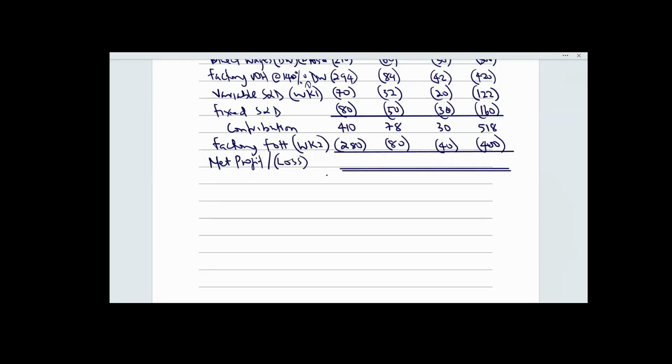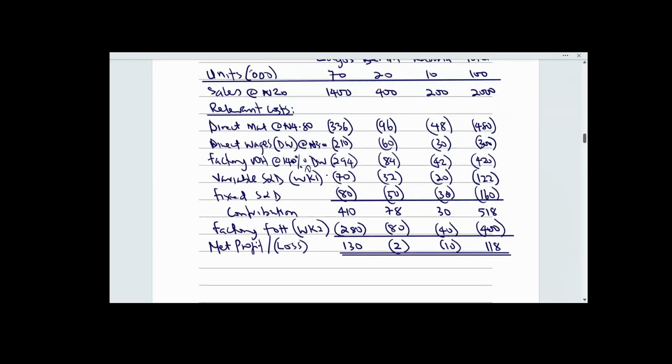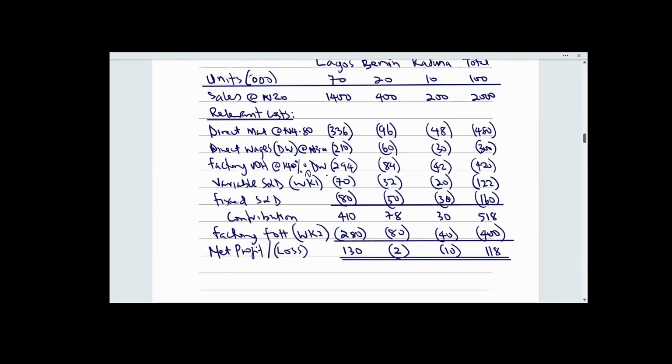410 minus 280, that's 130,000. 78 minus 80, minus 2. 30 minus 40, minus 10. 518 minus 400, 118. So the examiner is asking you to prepare a budget indicating why management is thinking of closing the Benin and Kaduna depots.